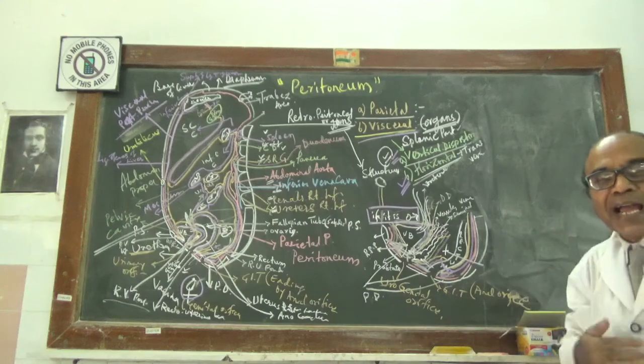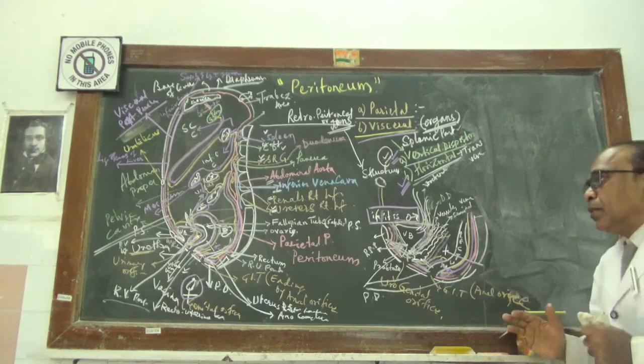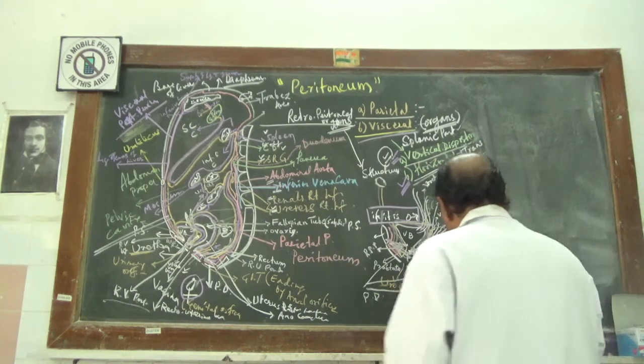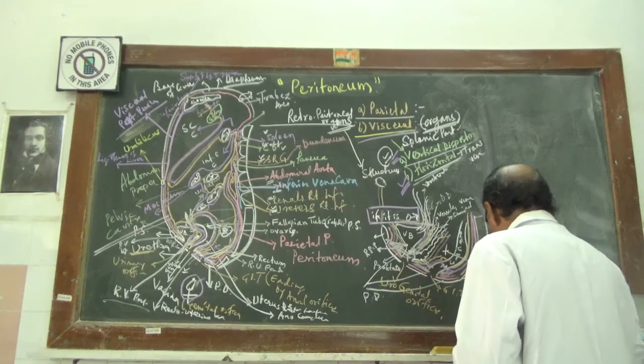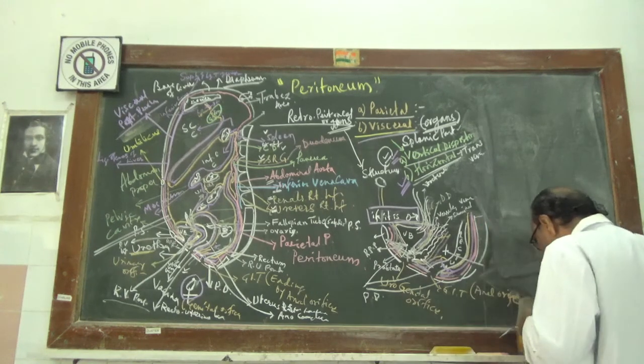Now after having had this talk, let us see one cavity that will be available. Now what is that cavity? That cavity is called the peritoneal cavity. Now what is the peritoneal cavity?